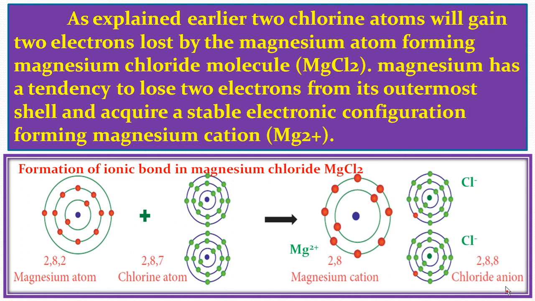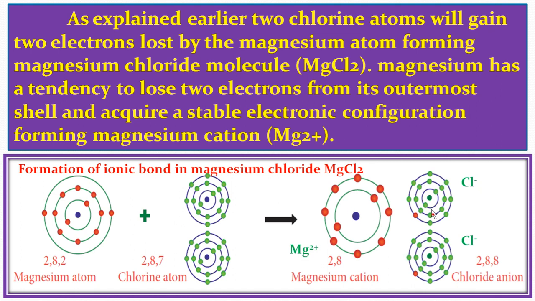Each chlorine atom receives 1 electron from the magnesium atom to form a chloride anion, with electronic configuration 2, 8, 8. Now, look here, all these 3 atoms, magnesium, chlorine, chlorine, attain a stable octet electronic configuration.